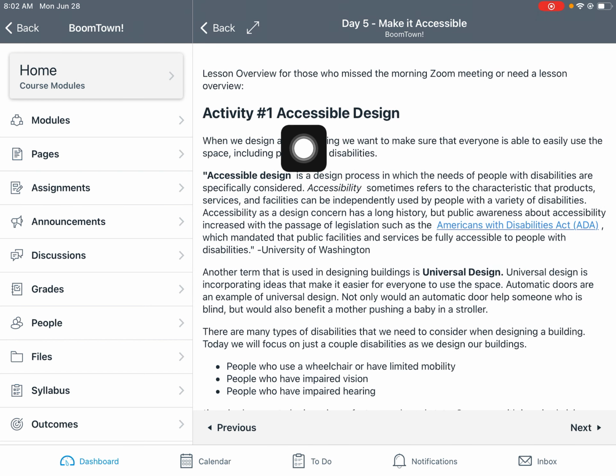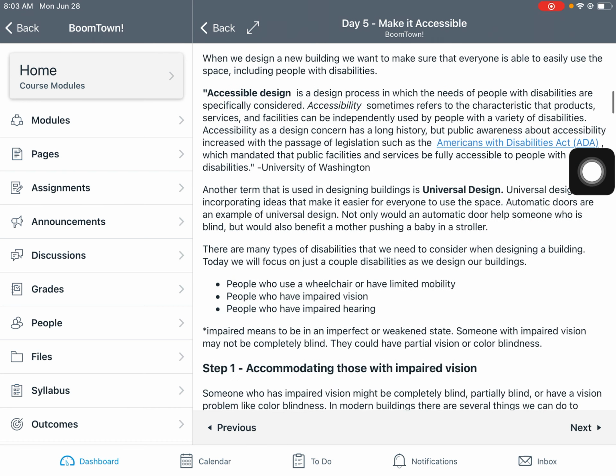All right, so for our activity, we really just have one big activity today. We've got a lot of learning about different abilities and what accessible design is versus universal design. So we're just talking about what these different things mean.